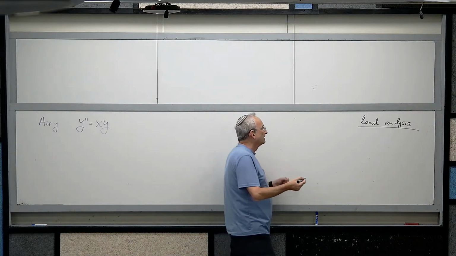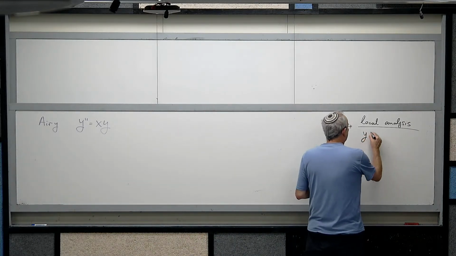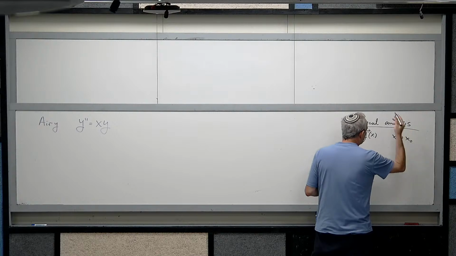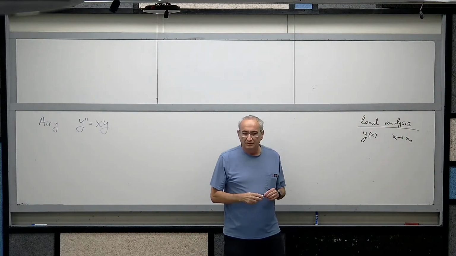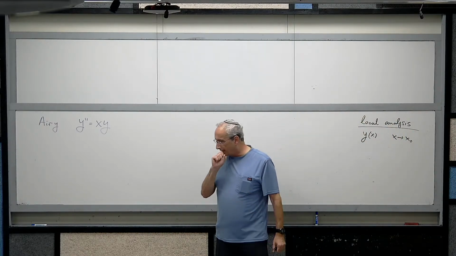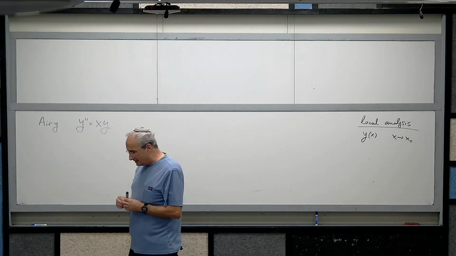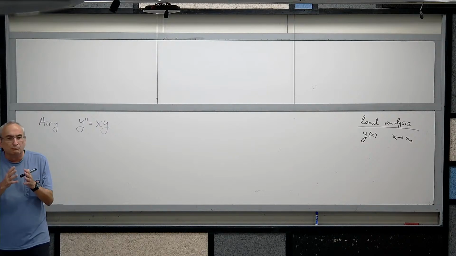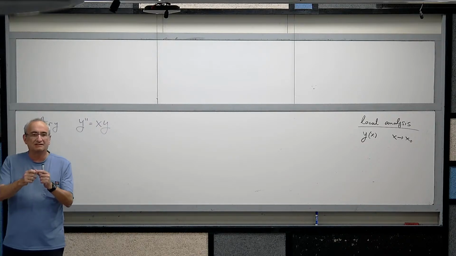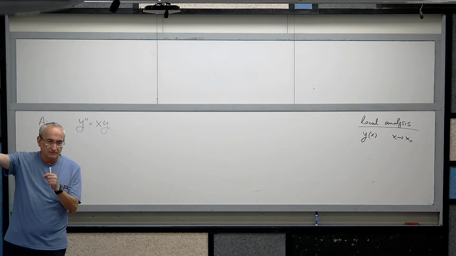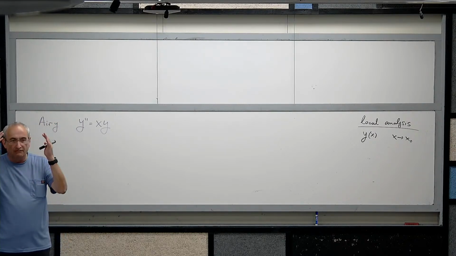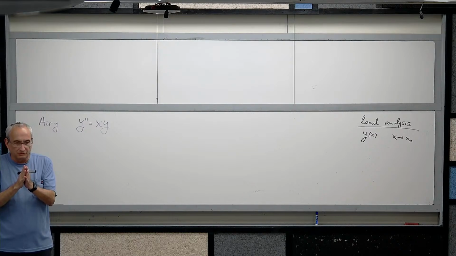We want to analyze y of x in the vicinity of x going to some x naught. This is our idea, which implies that we have a natural small parameter, which is the distance from x naught. So for example, if you want to analyze it close to 0, the small parameter that we have in mind is the distance from 0.